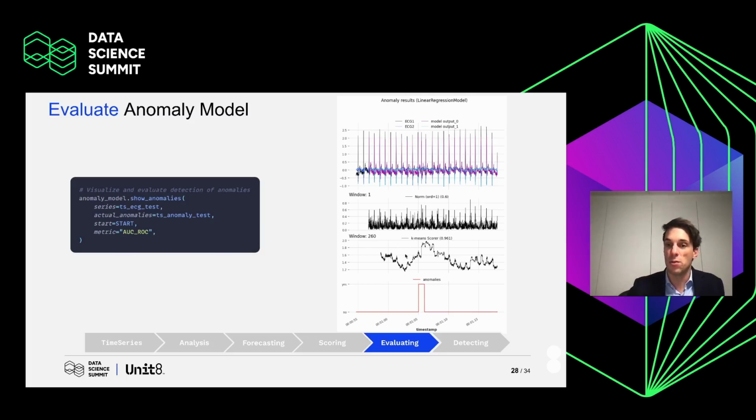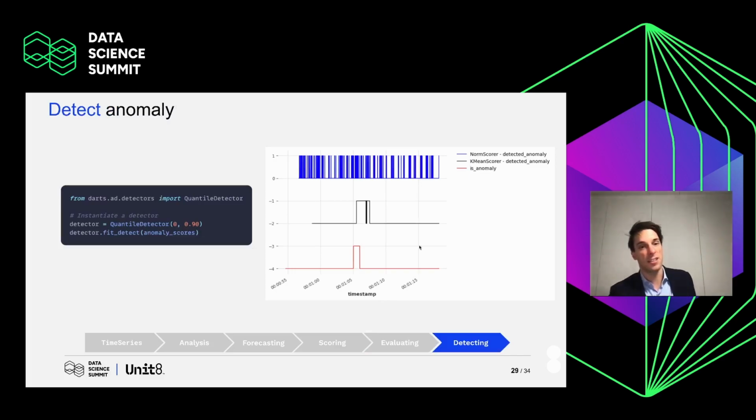The k-mean scorer, using the windowing approach, is more able to capture the contextual information, and because of that assigns a higher anomaly score where the anomaly actually happens.